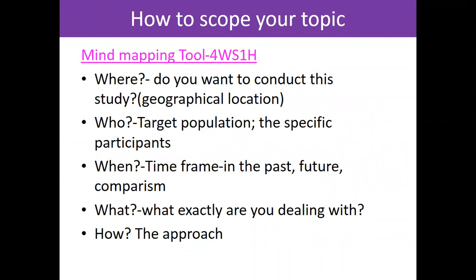Is it in Ghana? Is it in another part of the world? Where? It narrows your work down so that when I pick your work, I'm not wondering what the scope of this piece of work was. Was it looking at the entire world? No, in fact, the moment I pick your topic, I know where you are going.